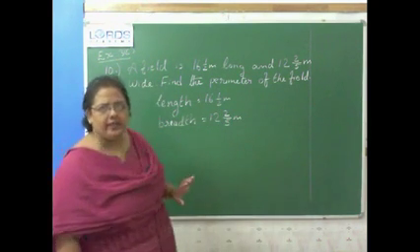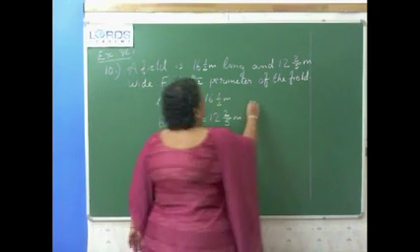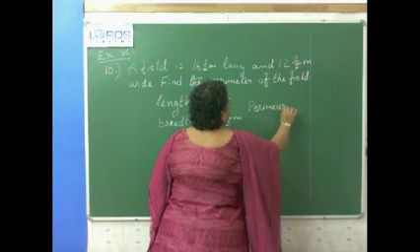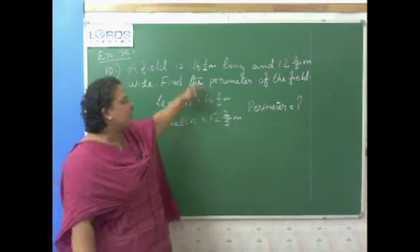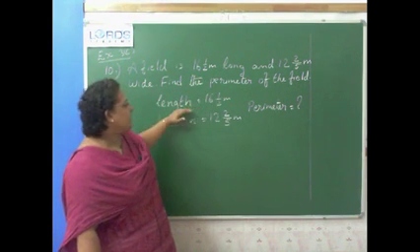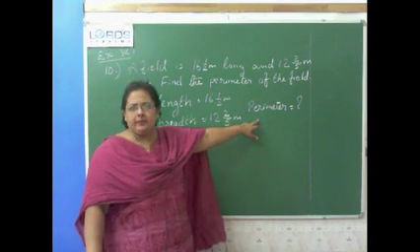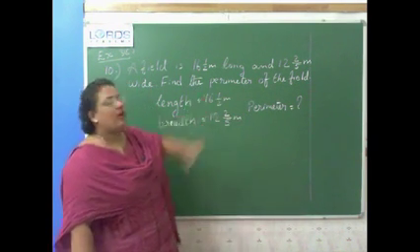What you have to find? You have to find the perimeter. I am putting it as a question mark. So these are the things given in your statement: length is given, breadth is given, and you have to find the perimeter. So how can you find the perimeter of a field?